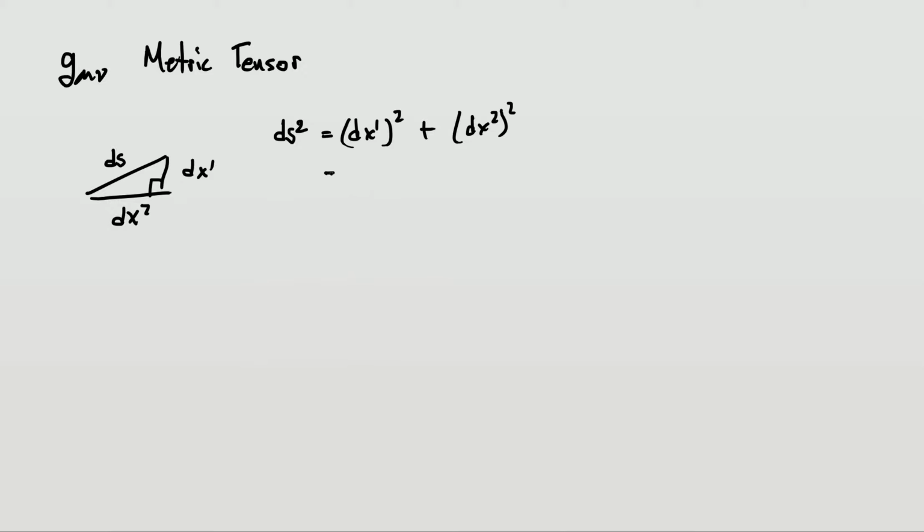So I'm actually going to write this out in a little bit more detail. I have dx1 squared is the same thing as dx1 times dx1, plus dx2 times dx2. And we can do this infinitely. If we had a three-dimensional system, we would just add dx3 times dx3, dx4 times dx4, and so on.